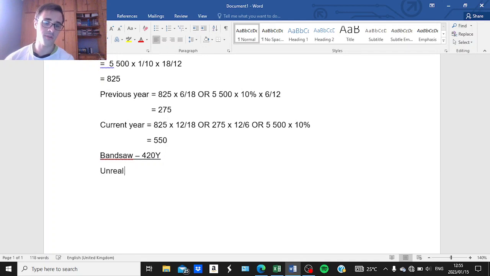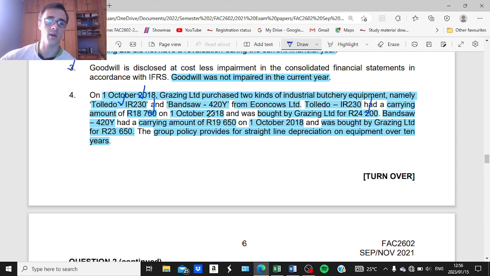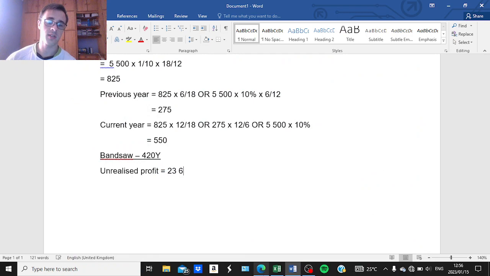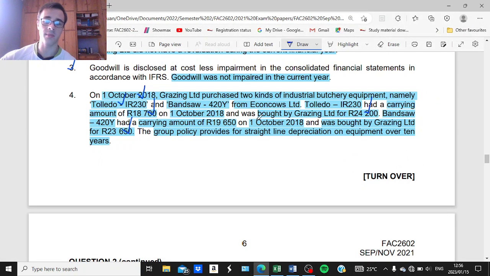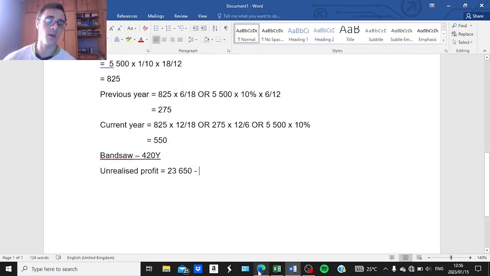So the unrealized profit is again calculated by taking the proceeds on the date of sale, which was 23,650, and we will subtract the carrying amount of this equipment, which was 19,650 on the date of sale, and the unrealized profit is therefore 4,000 Rand.